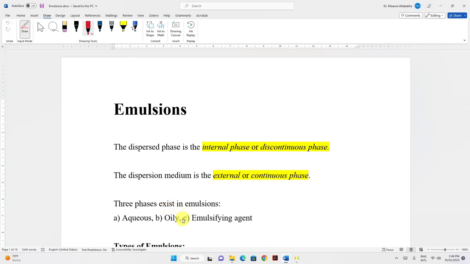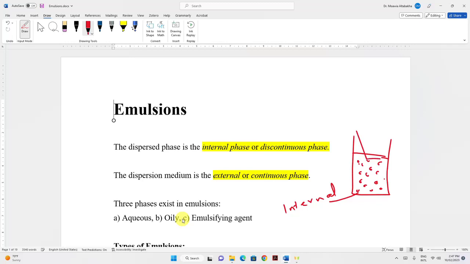If I want to draw for you an emulsion, with globules, circles, spheres inside, these globules will be referred to as the internal phase, and the outer part surrounding these globules is the external or continuous phase.